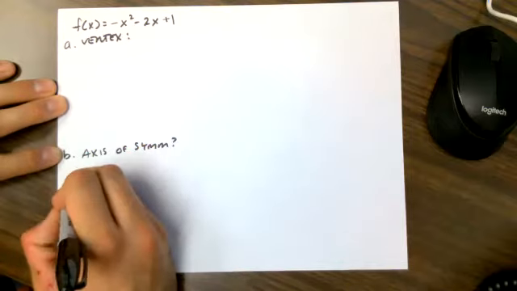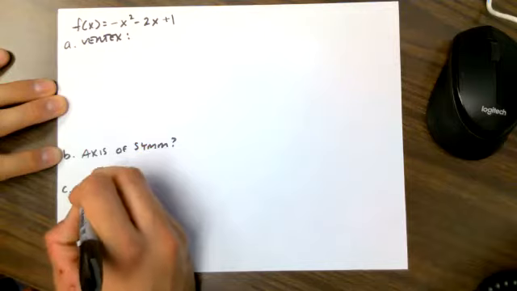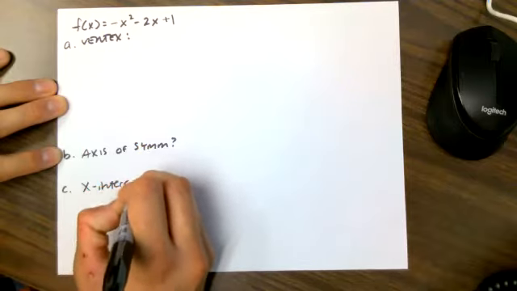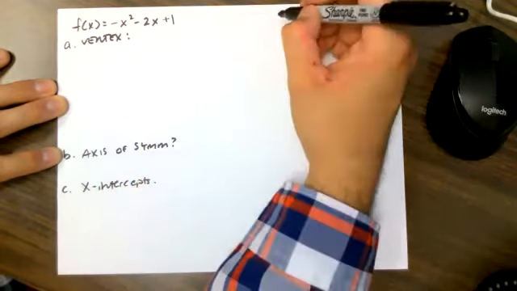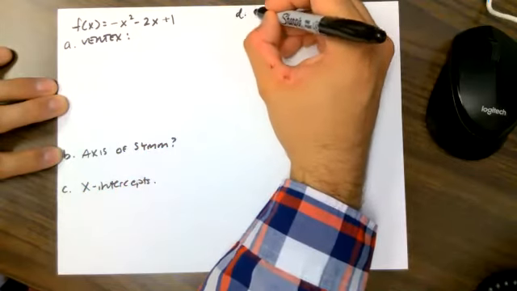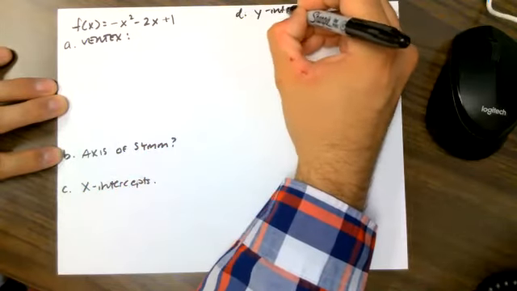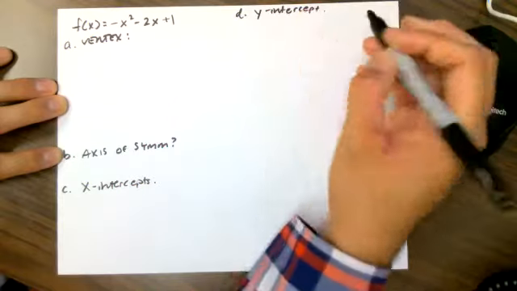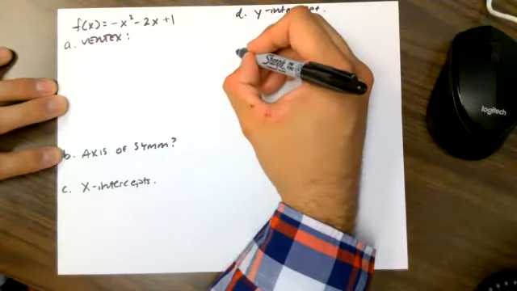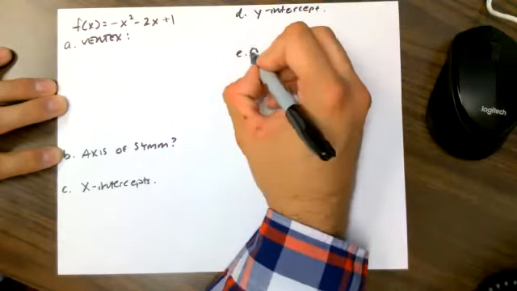A, B, C. And then I want you to find the x-intercepts. The y-intercepts. That one's going to be easy. So E, domain and range.